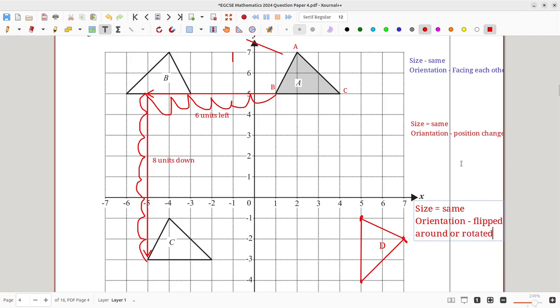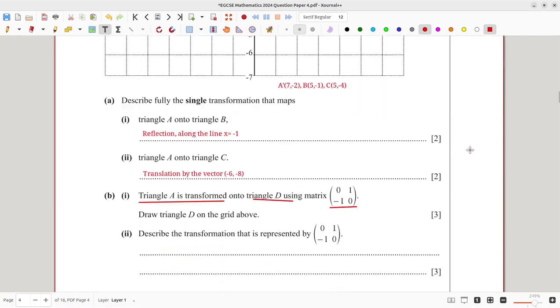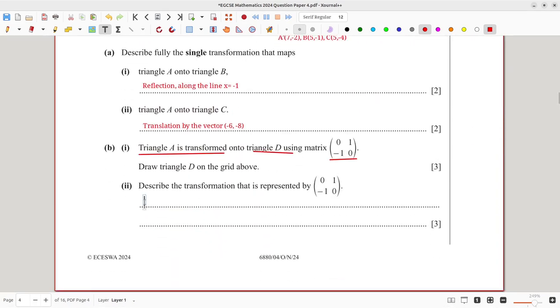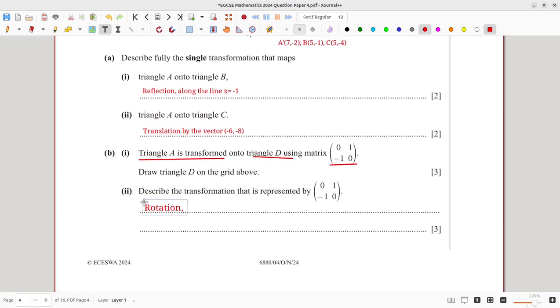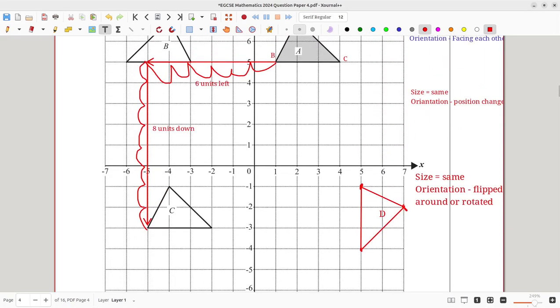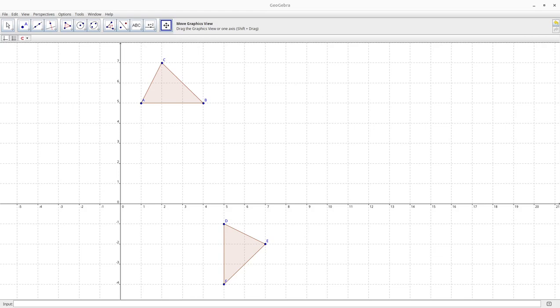So definitely this is going to give you a rotation. Let's find the angle of rotation.